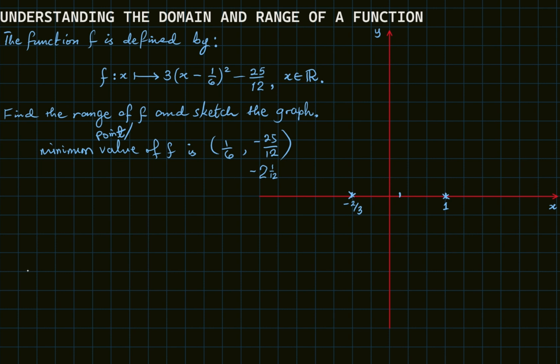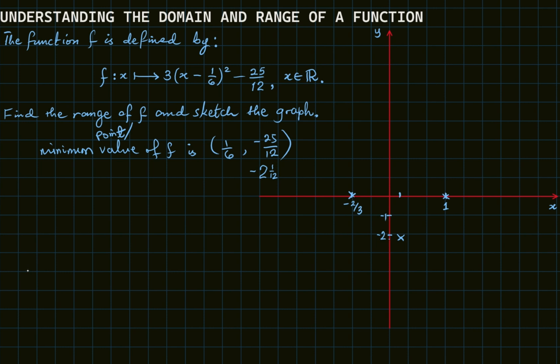Okay, so if you like, you could write this as negative 1, and then here negative 2. So negative 2 over 12 will just be somewhere here, and that gives us a fair idea of what the minimum will look like.